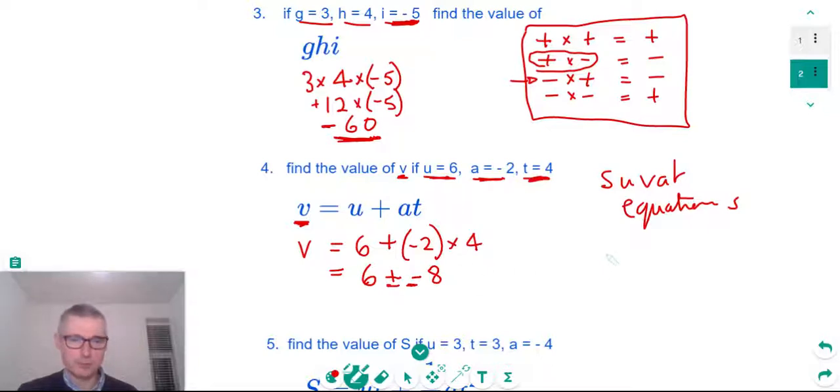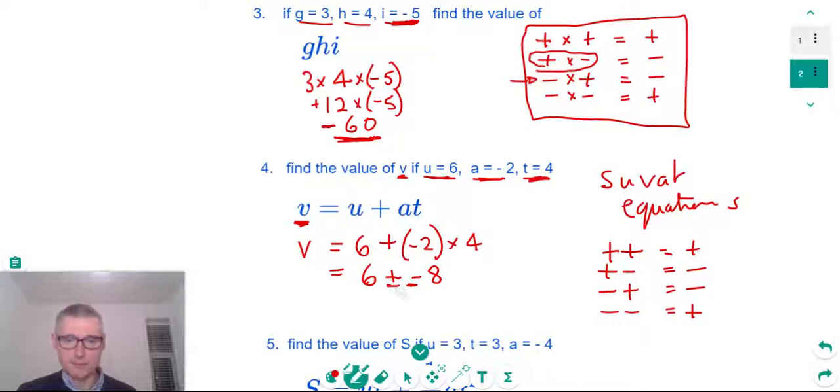So if we have a positive and a positive next to each other, the answer would always be a positive. Positive and a negative, the answer would always be a negative. Negative and a positive would again give us a negative, and a negative and a negative, possibly somewhat surprisingly, gives us a positive. So if we have a negative sign next to a negative sign, it actually is a positive.